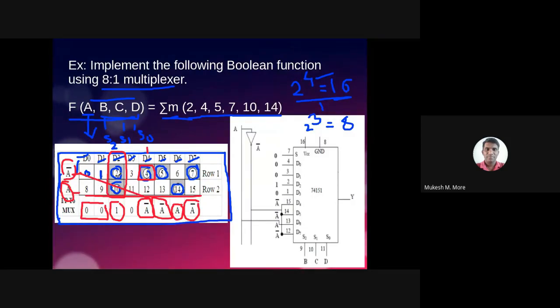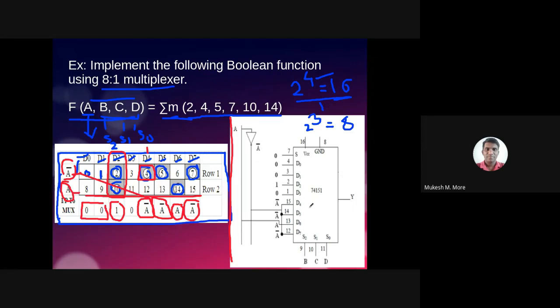I have circled the numbers or minterms present in the question. Then I have checked: if that column has two circles, I am writing one. If that column has a single circle, I am writing the respective row name. And if there is no circle, then I am writing 0.